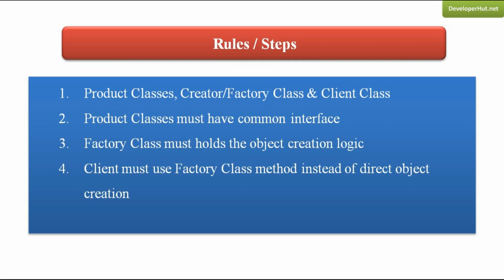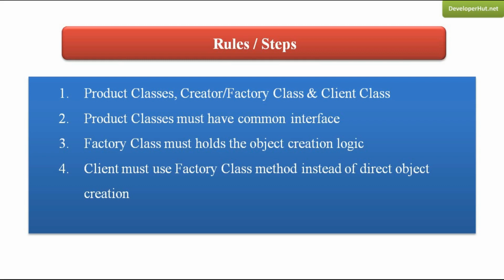In our earlier case, the two-wheeler or four-wheeler vehicles had one common class, which was a vehicle, and in our next case the luxury car or mini car has one common interface, which is a car, right? Then your factory class must hold the object creation logic, that's mandatory. And lastly your client class must use the factory class method instead of direct object creation.